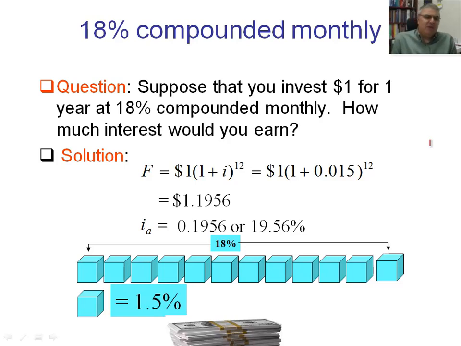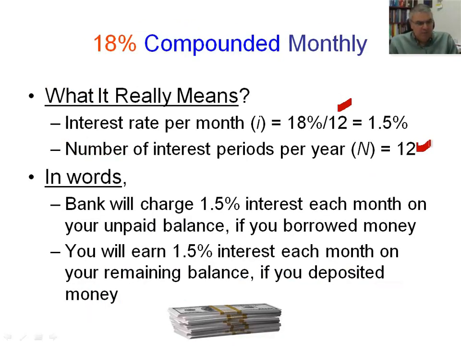So let's take a look at this to have a better understanding of what is going on. For that 18%, we just divide by 12, and we come up with 0.015 or 1.5%. One thing in this class that you really need to be able to calculate quickly, like a mental calculation, is what the 1.5% becomes.